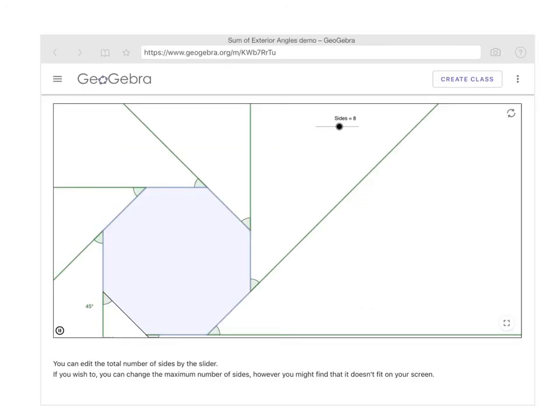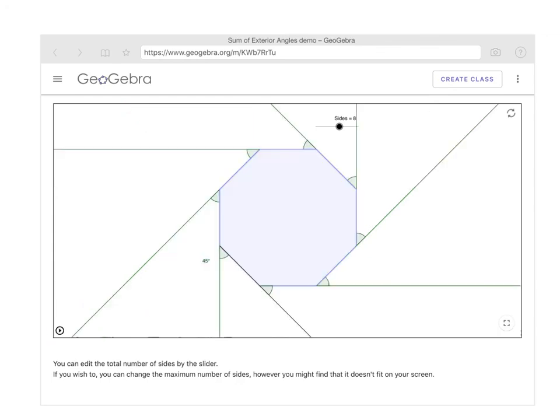Okay, so what you're seeing here is an octagon, and you can see the exterior angles. They've just extended the sides out, and that's an exterior angle. That plus that is going to be a linear pair. They do it all the way around. And when you shrink this polygon down, you can see the sides get smaller and smaller.